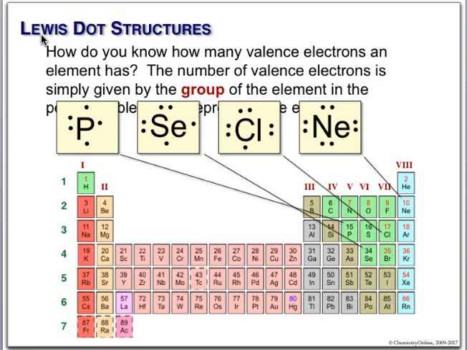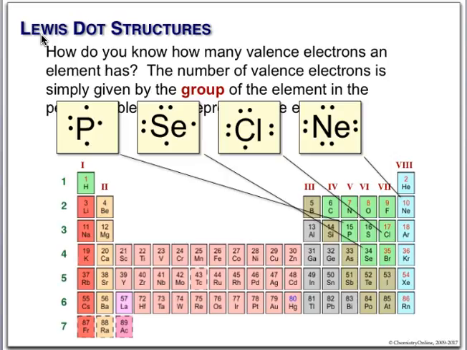Everything else doesn't have a full shell, and that's why chemical reactions occur. Any questions? Look at the group number. It tells you the number of electrons around the neutral atom.